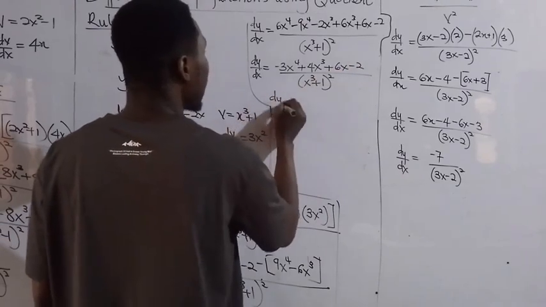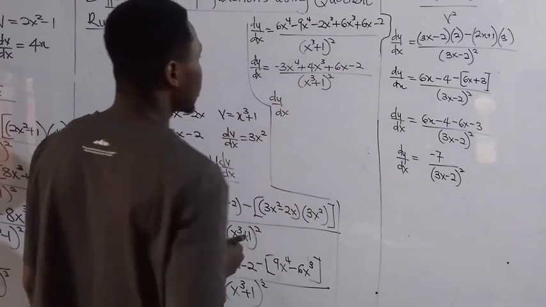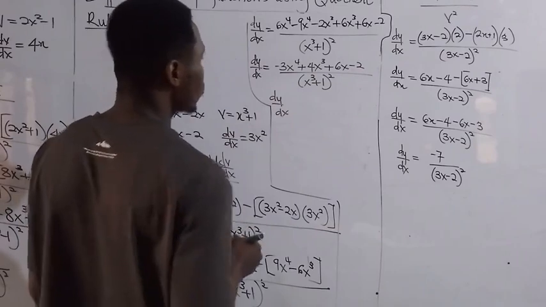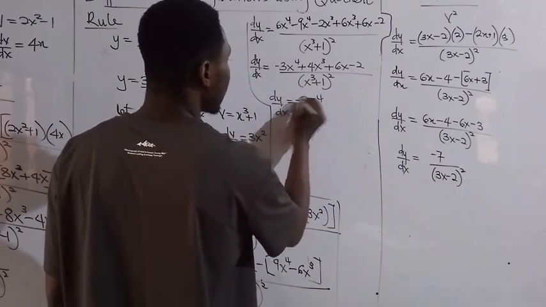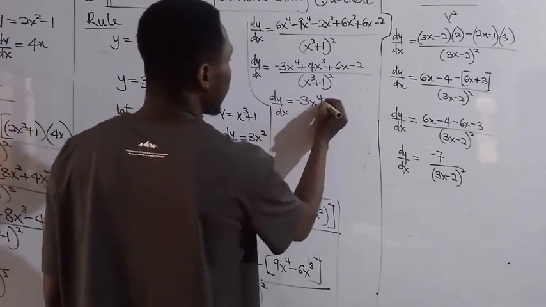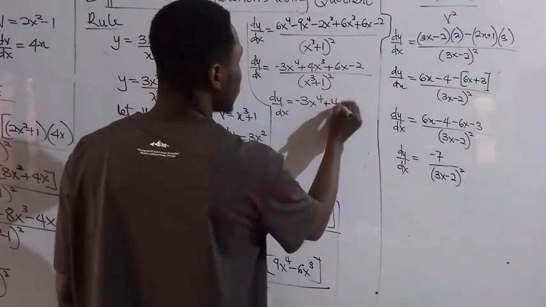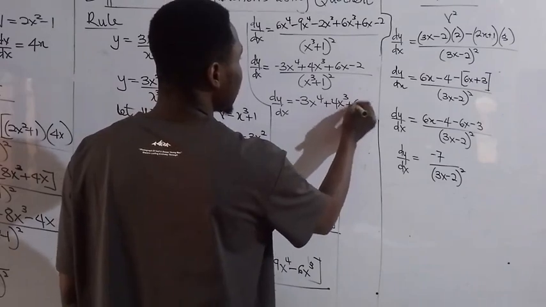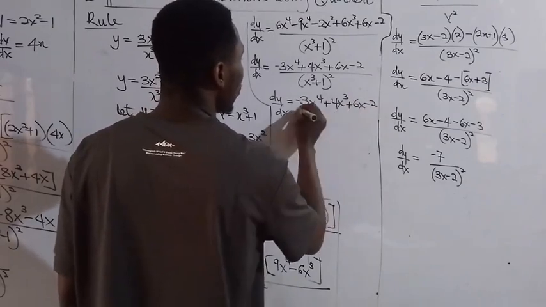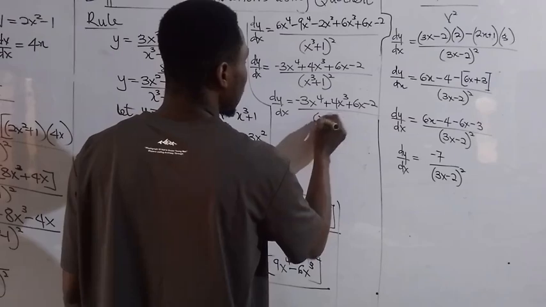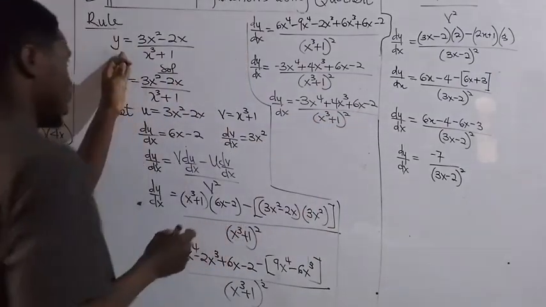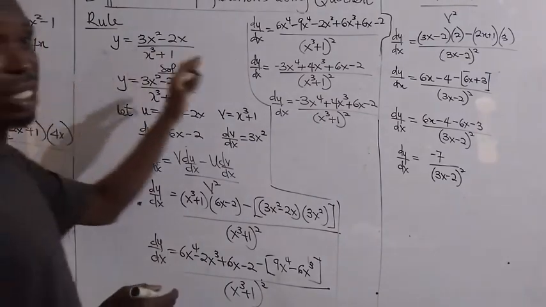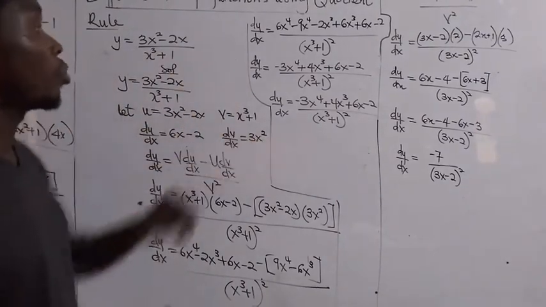So our dy over dx is equal to negative 3x to the 4th power plus 4x to the 3rd power plus 6x minus 2, all over x cubed plus 1 all squared. So this function, after differentiating, this is what we've gotten.